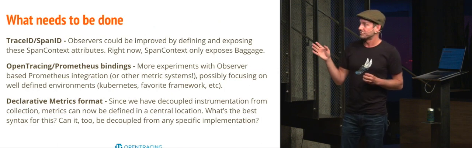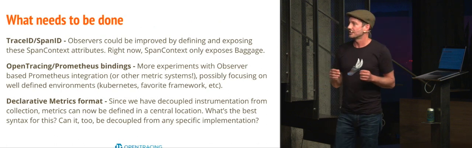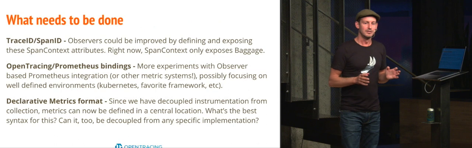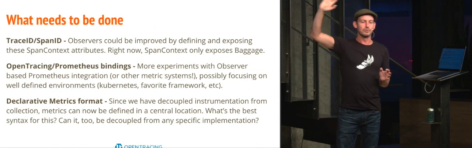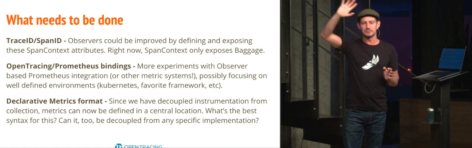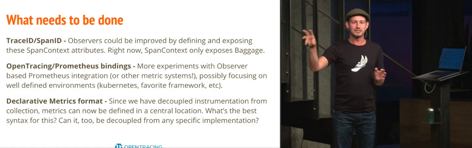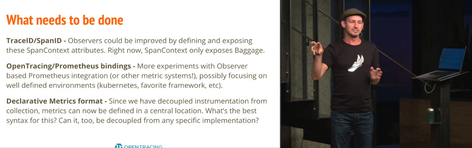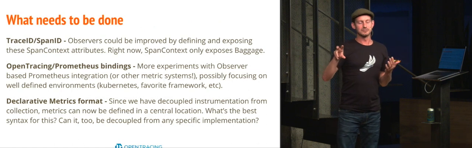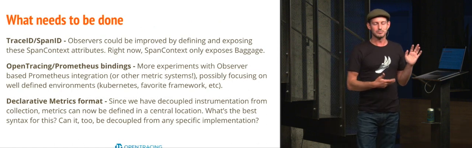The final thing, which I'm not currently working on but think would be really cool, is some kind of declarative metrics format. If you think about what we've done, you're no longer worried about instrumenting your code. That's all standardized. So you have standard semantic instrumentation happening over here, and you have some plugin that's just going to pipe whatever metrics you want into your metrics solution. And then you have to define the metrics themselves.